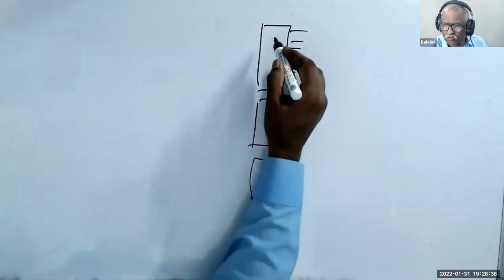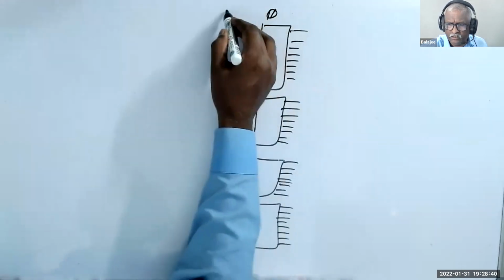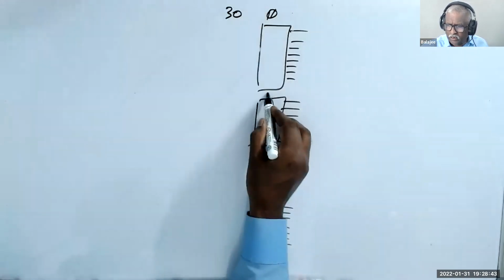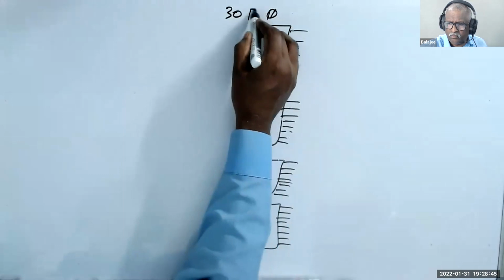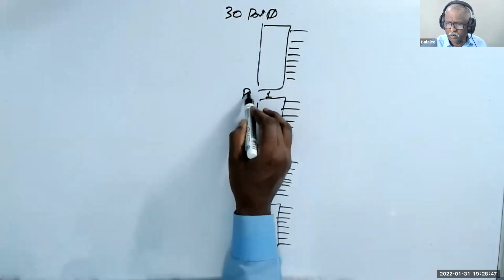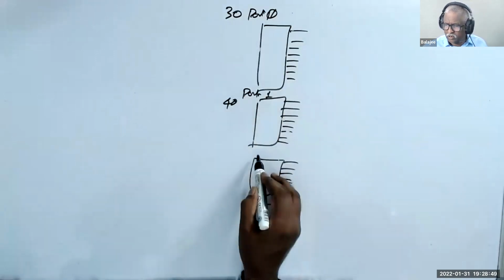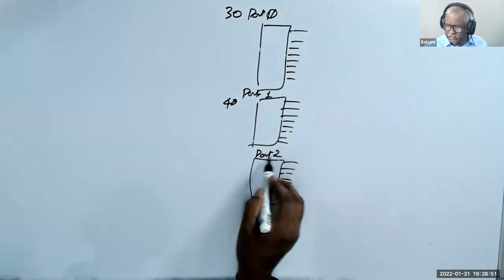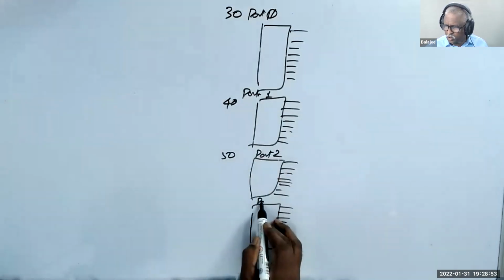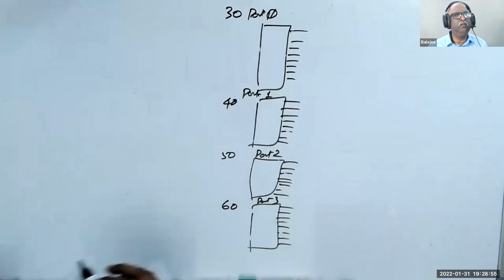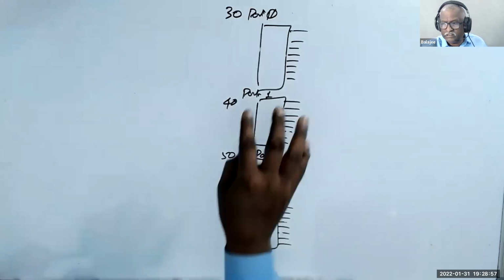This is port 0, address 30. Port 1, address 40. Port 2, address 50. Port 3, address 60.